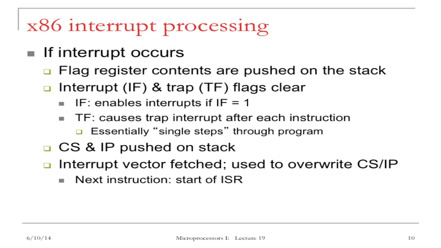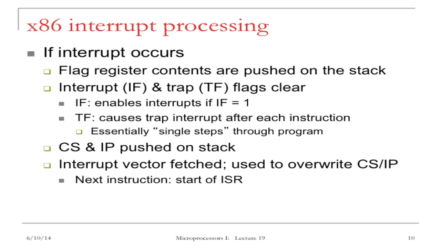This is essentially how you do the single steps. So the debug program will set or unset this trap flag alternatively to make sure that you will execute one instruction, then stop, giving you the chance to look at the variables and memory contents before you continue the debugging.